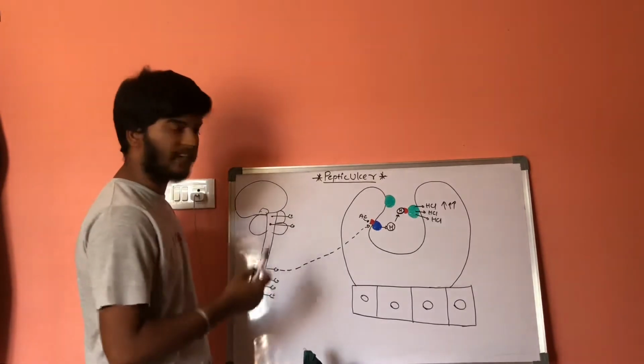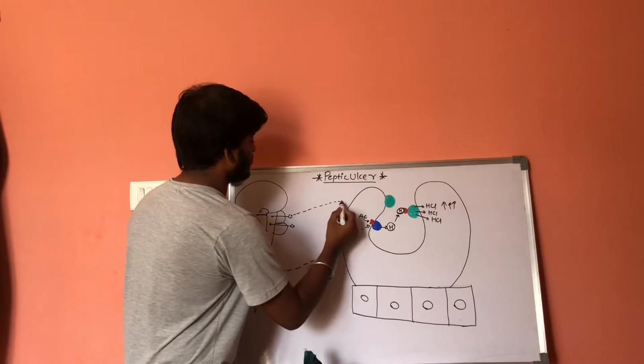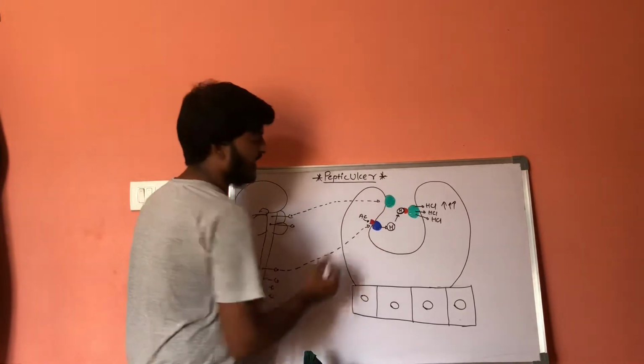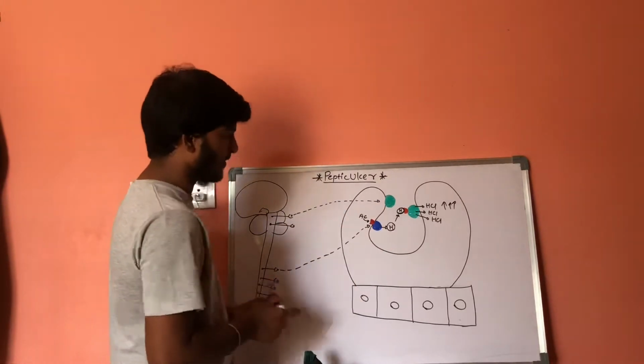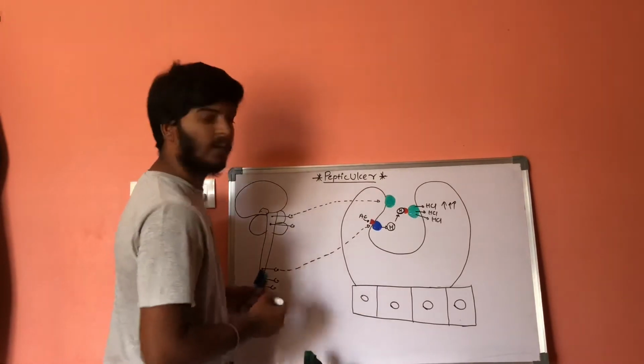There is one more direct pathway, that is these postganglionic neurons will directly activate the parietal cells.